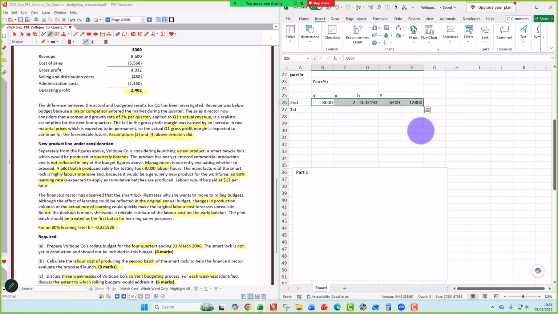And then I need to take away the total time for the first batch. So I just copy and paste all of that in here, and I change that to 1. It changes the number for me. And then I find the difference of those two. And that tells me how many hours it took for the second batch.